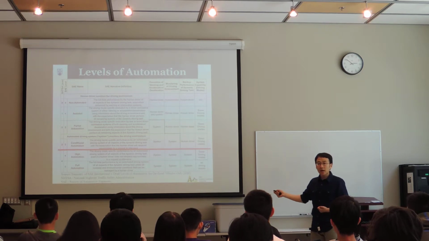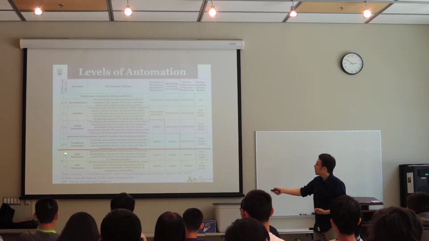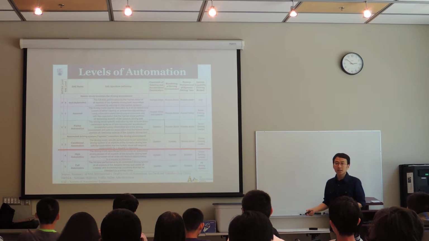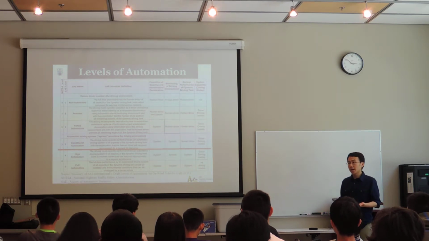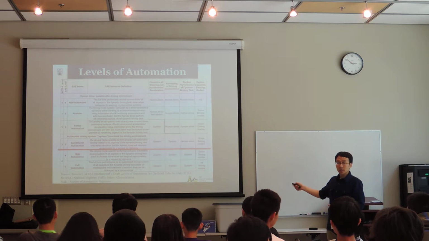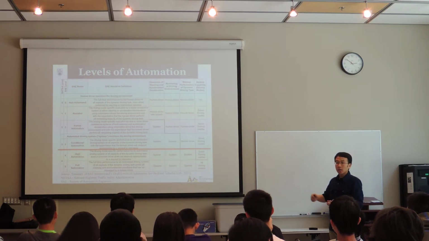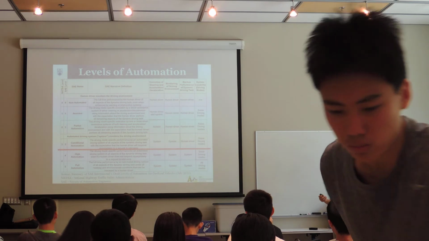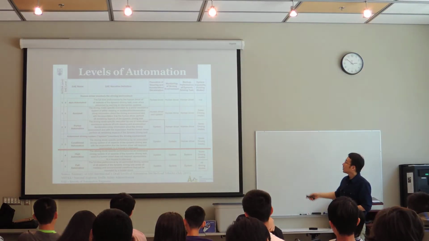And where are we now? Here, the red line is where, from my point of view, we are. But I will give you some historical reports about examples of what we did before.